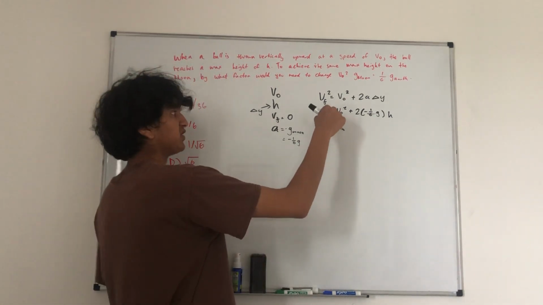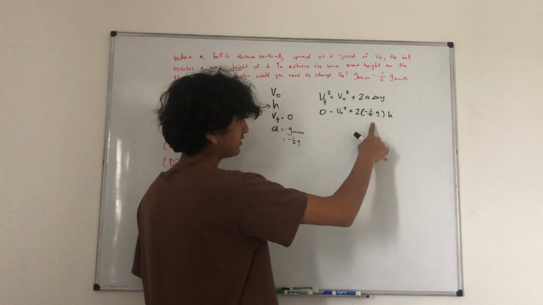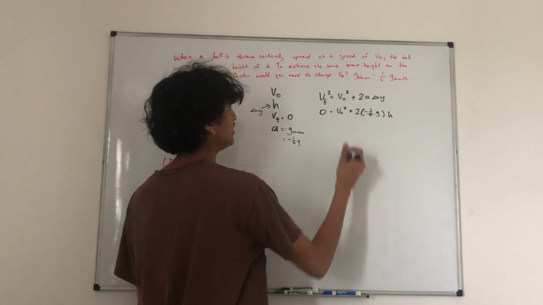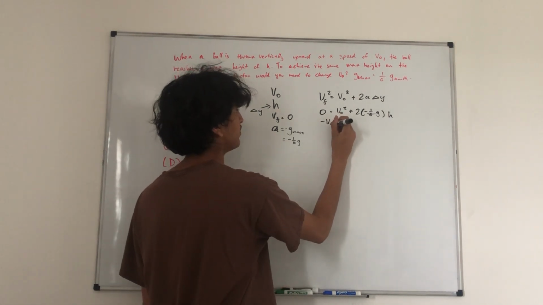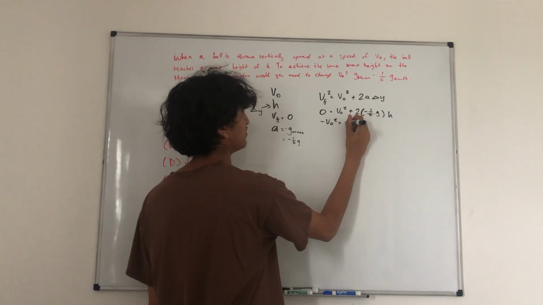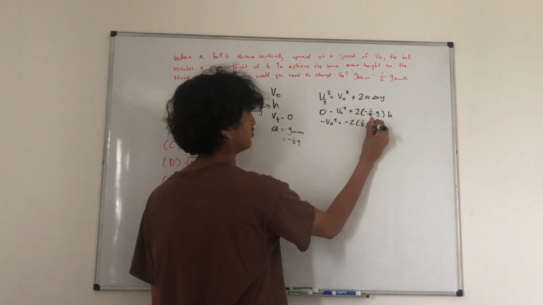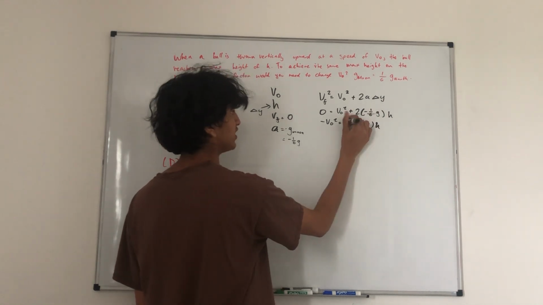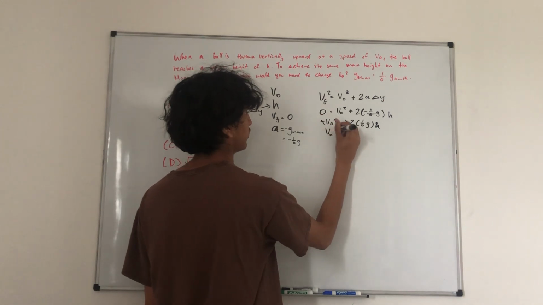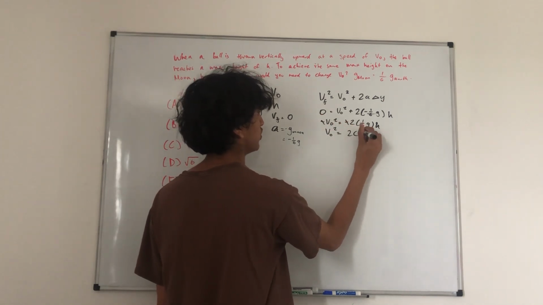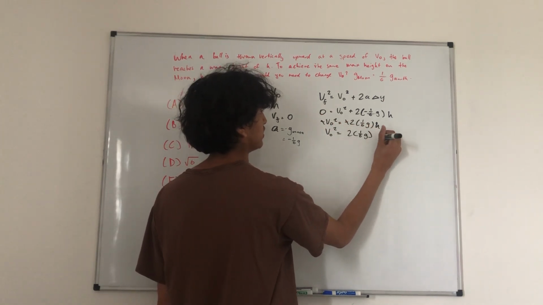Hopefully it makes sense why I'm putting 0 here and why I'm making this negative. Then we can subtract both sides by v naught squared, and move the negative out so you can cancel them out. So v naught squared is equal to 2 times 1/6 g times h.